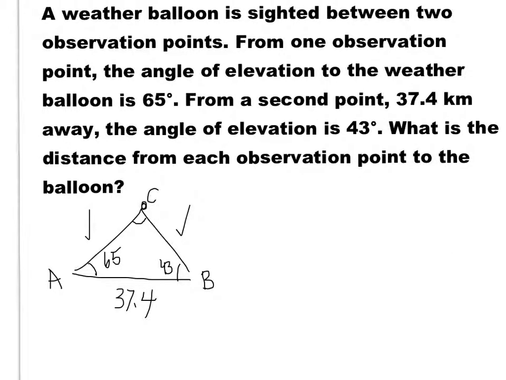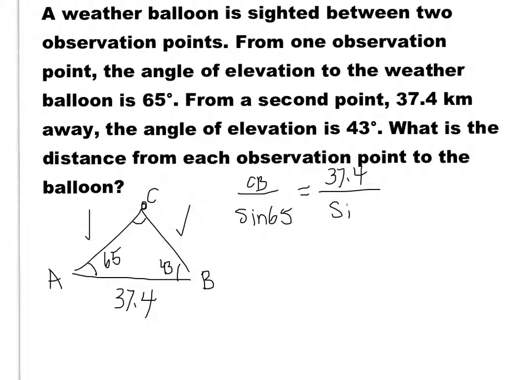Now I have to find CB. To find CB, I'm going to use the sine ratio again. This time I'm going to write CB divided by sine 65 is equal to 37.4 divided by, and what was the angle for C? 72.